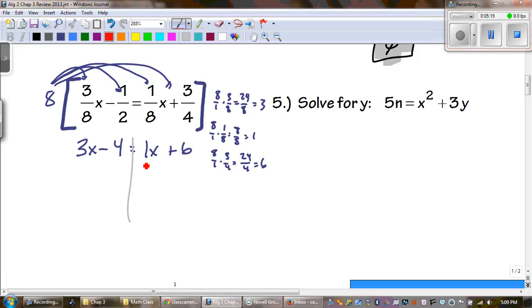So we want to move the smaller variable, which is the 1x, and then we get 2x minus 4 equals 6. Add 4 to both sides. We get 2x equals 10, and then divide both sides by 2. We get x equals 5.